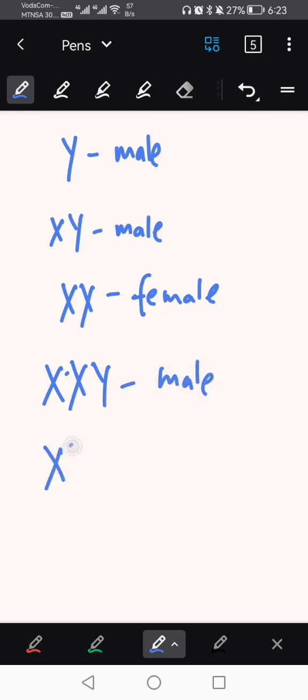If you have XYY, it is still a male, but this male has a lot of male characteristics, and they are normally psychopaths. Someone that has XYY is most likely going to become a psychopath because they have an added level of male characteristics, which means they have an added level of aggression. And that normally makes them psychopaths.